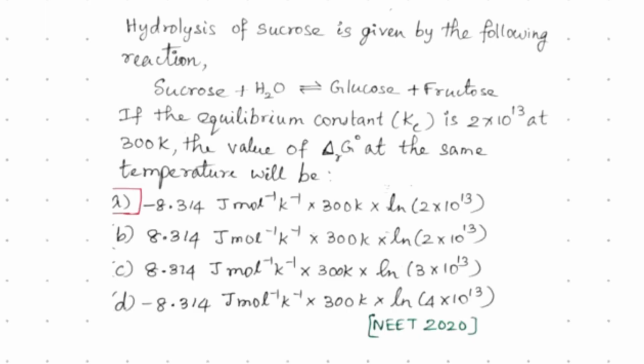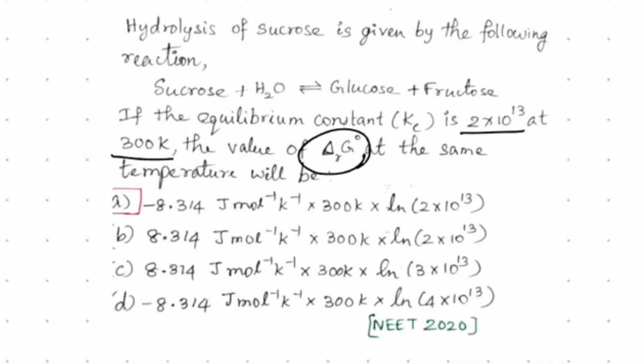Look at the next question. This is another model. Sucrose hydrolysis reaction is given. Equilibrium constant value is there. Temperature is given. You have to find the delta G naught value. You need not find the final value of delta G naught. Look at the options. You just have to find out the expression. That's all.